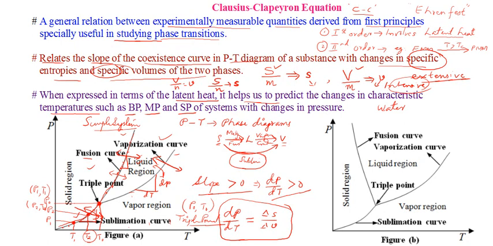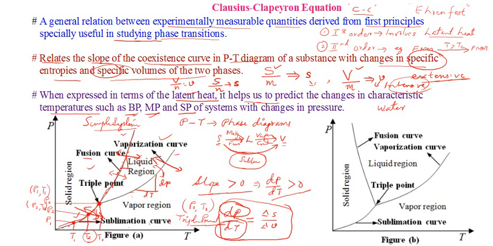So when there is a dP, that is what I wanted to mention: when there is a change in the pressure of the system, there should be a corresponding change in the temperature. We are talking about the characteristic temperature, like boiling point. There will be a variation of boiling point with a variation in pressure, variation in the melting point of the substance, and similarly variation of the sublimation point with pressure.